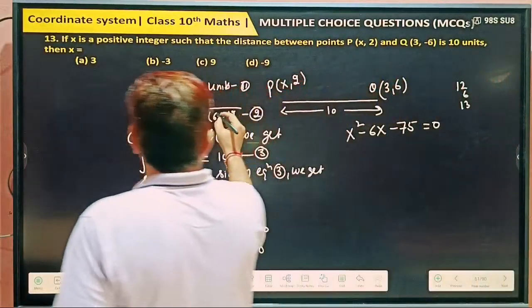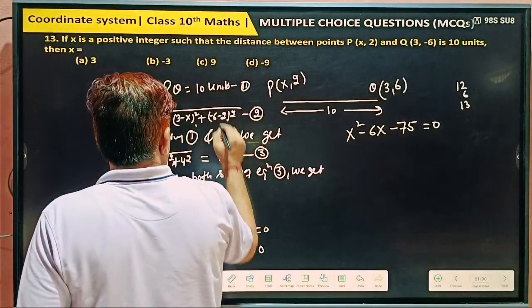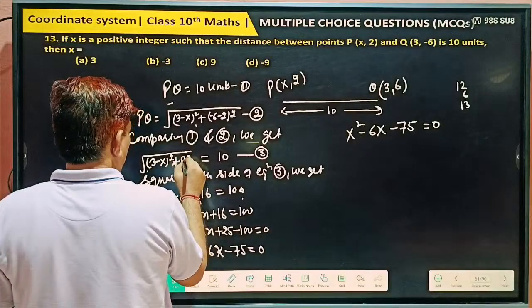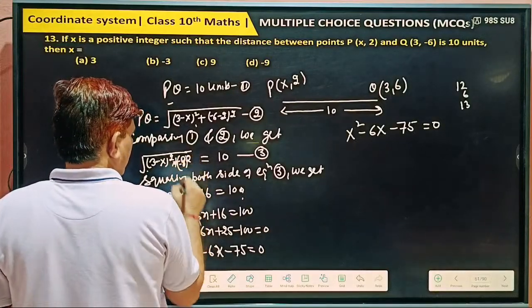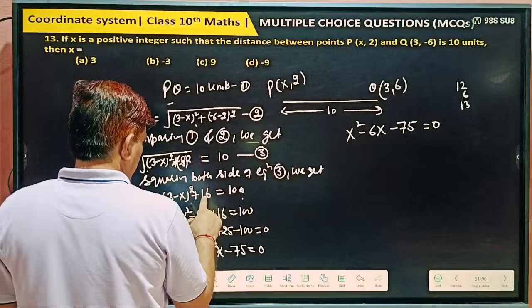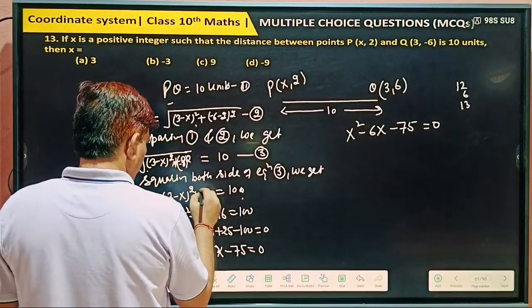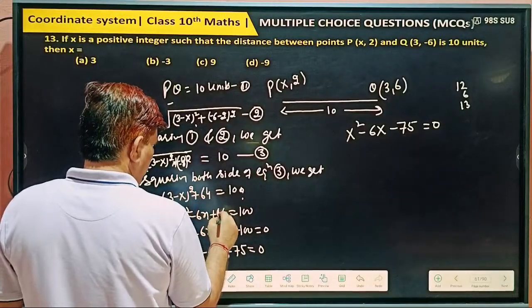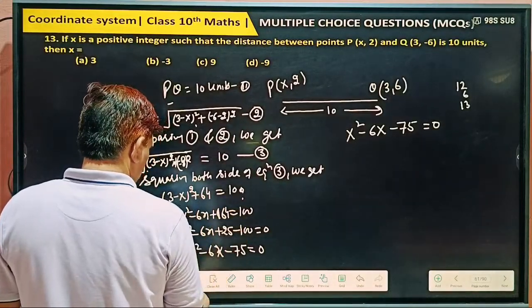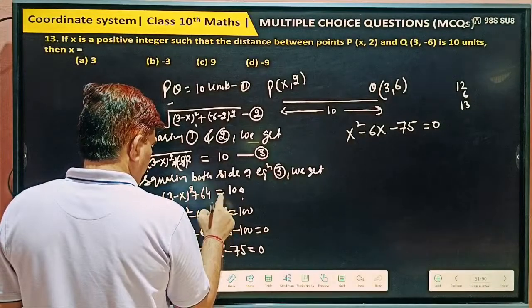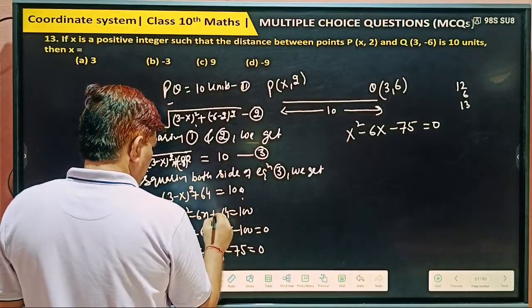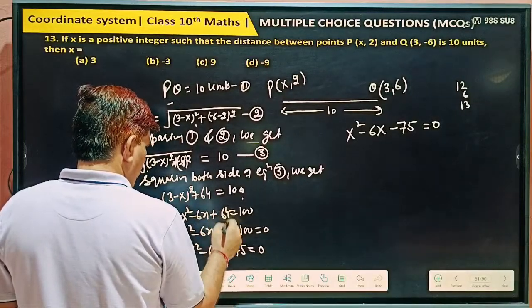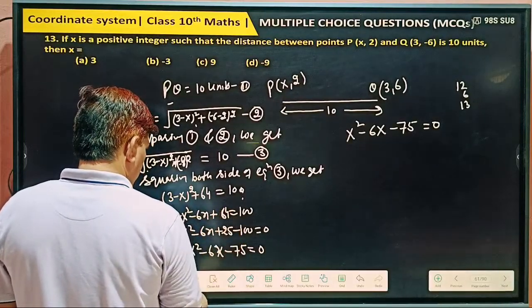So this is also minus 6. Minus 6 minus 8. Minus 8 whole square is this. So how much? This is equal to 64. 64 plus 9, how much? 73.